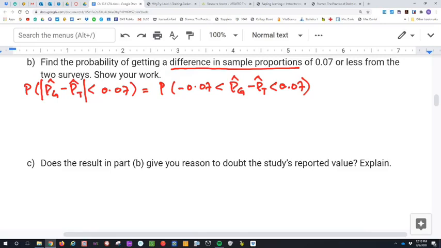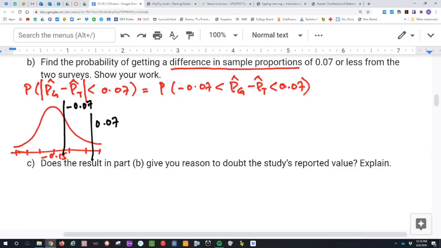So you add the greater than sign, put a negative sign on the 0.07, and then less than positive 0.07. So let's draw the normal distribution with the center at negative 0.15, 3 standard deviations to the left, 3 to the right. The lower bound is negative 0.07, which is about there, and the upper bound, 0.07, is about there.